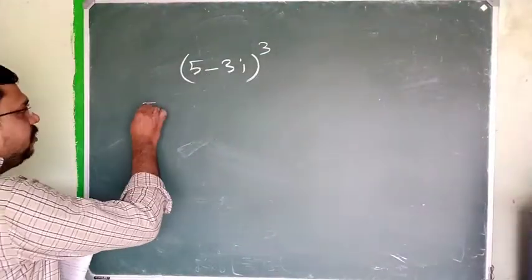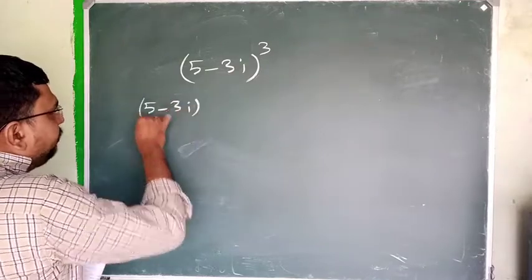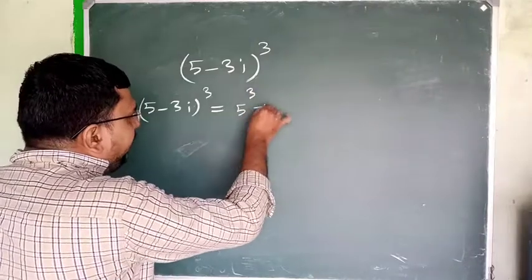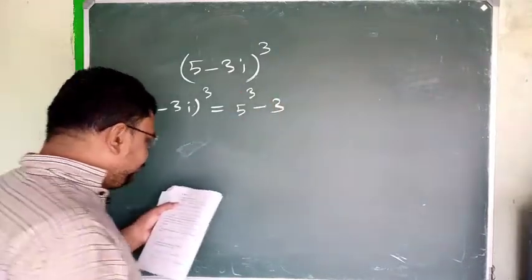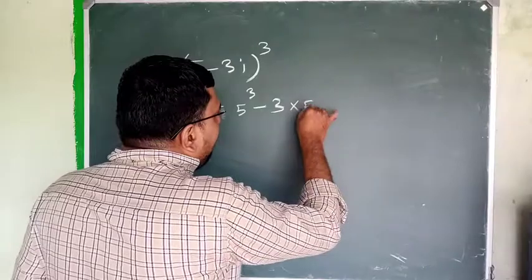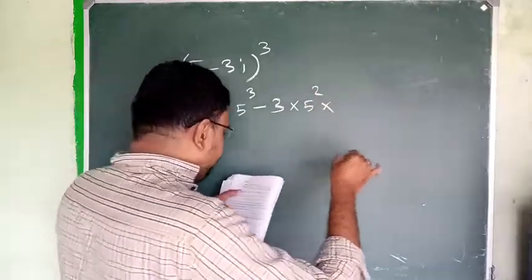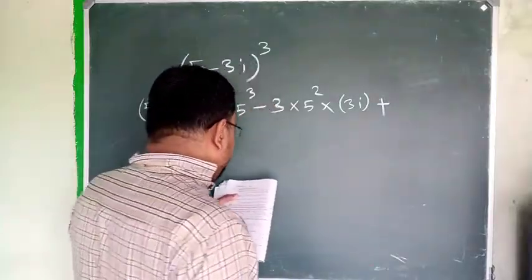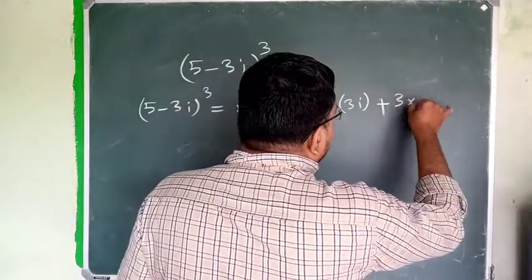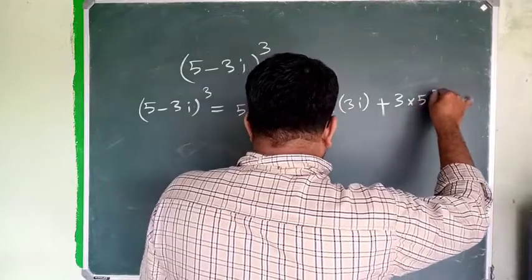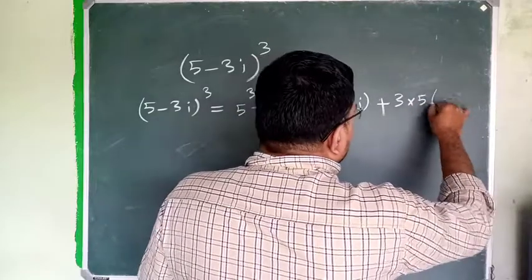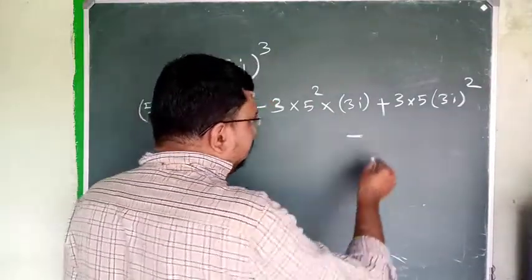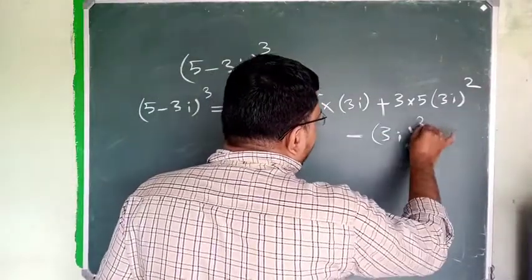Listen. 5 minus 3i the whole cube equal to 5 cube minus 3 into 5 square into 3i plus 3 into 5 into 3i square minus 3i cube.